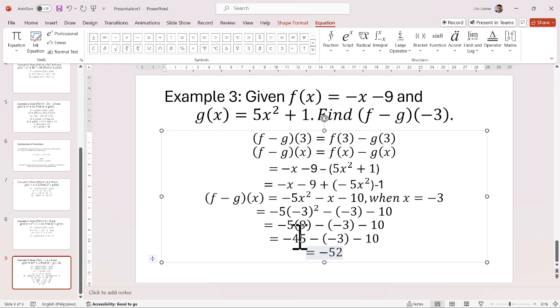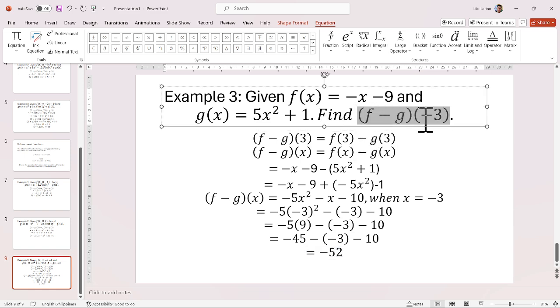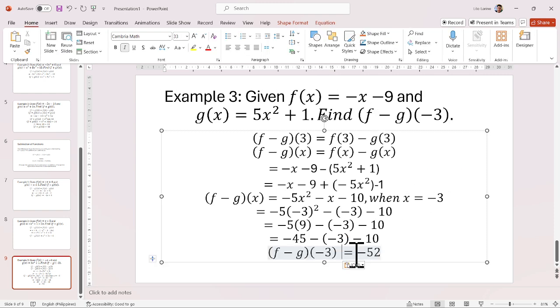Negative 42 minus 10 is negative 52. Thus, f minus g of negative 3 is equal to negative 52. This is addition and subtraction of functions.